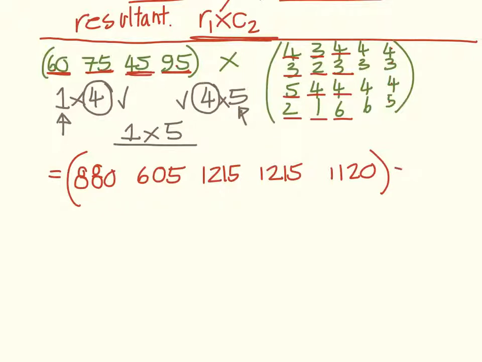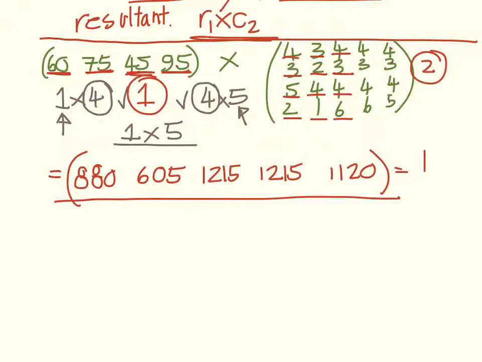So if we call this matrix 1 there, and we call that one matrix 2, this here is 1 times by 2. And what it shows us is that the cost of size 8 shoes lost by Barry is $880.